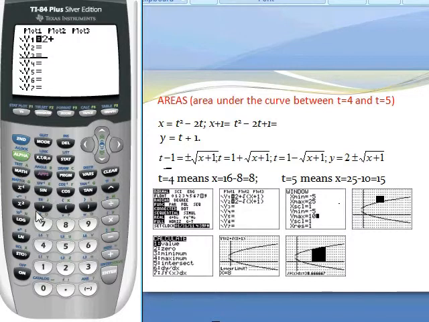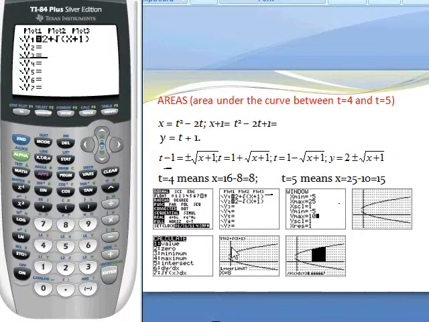Square root of x plus 1. So let's write this down. I'm writing y in terms of x, not y in terms of t. And that's going to be 2 plus square root of x plus 1. Very good. And remember, x has to go from 8 to 15. So I'm on the upper curve. So I'm actually looking for this area, not the lower curve.